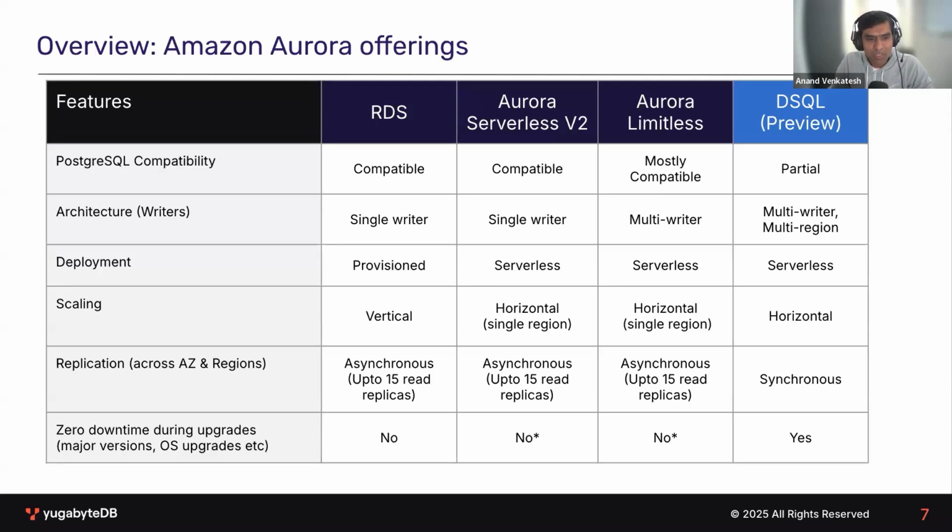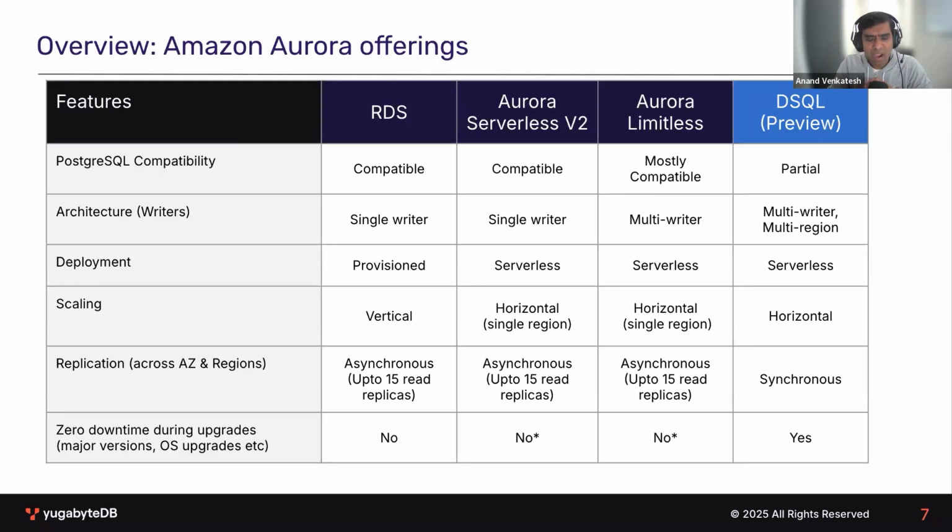Okay, for those who are not familiar with the different Amazon Aurora offerings, here is the list. The features listed in this table are not a comprehensive list of features supported by these services, but these features are very relevant to our talk today. Okay, let's start with Postgres compatibility.